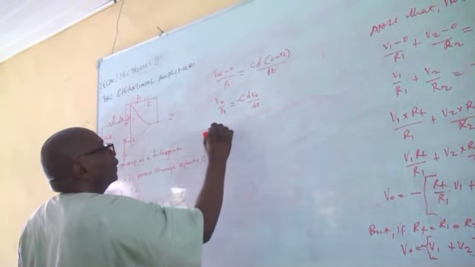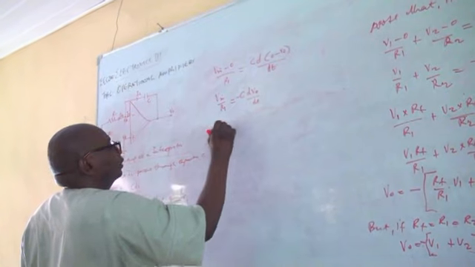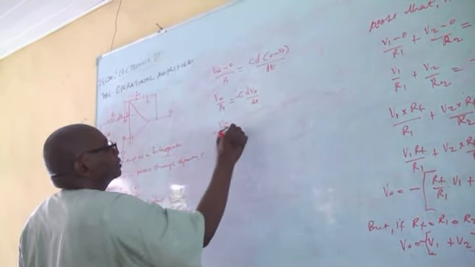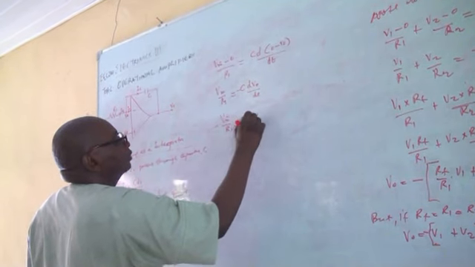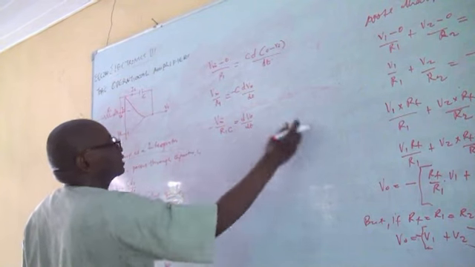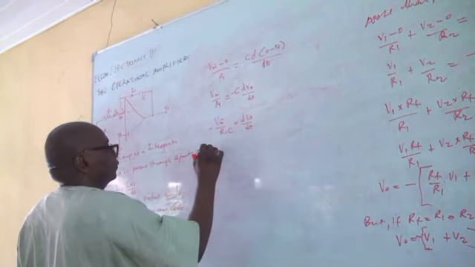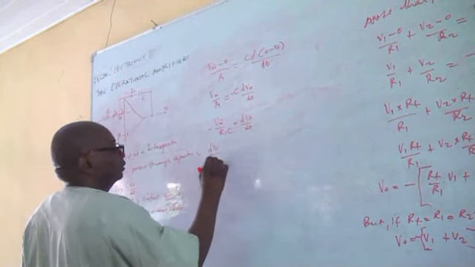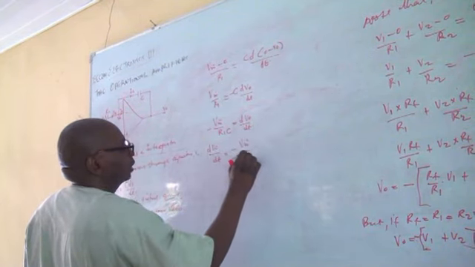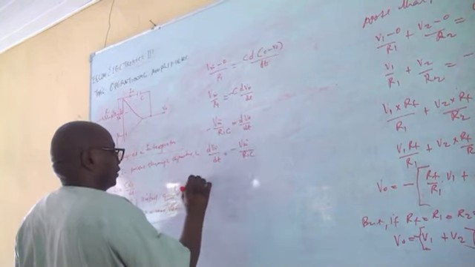You have Vin over R1 C equals minus dV naught over dt. So first, let us arrange it, equals minus Vin over R1 C.